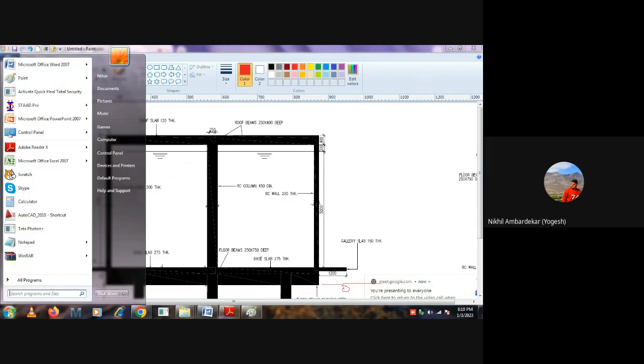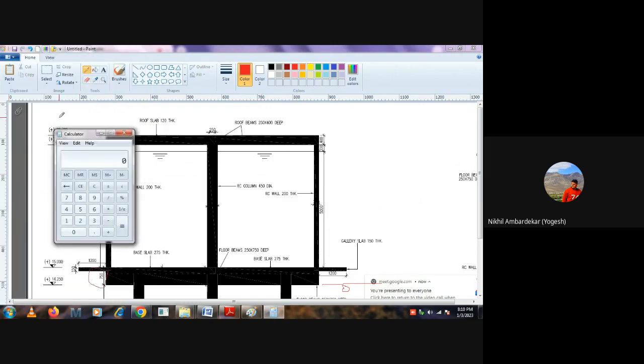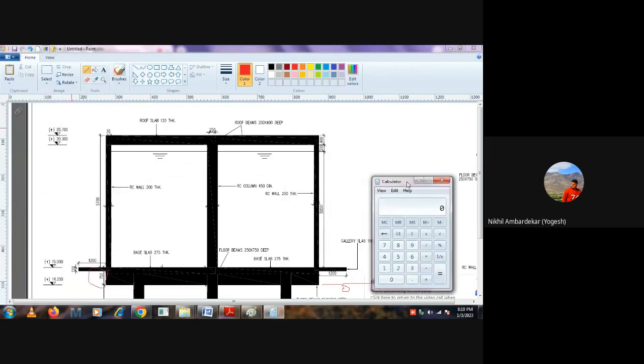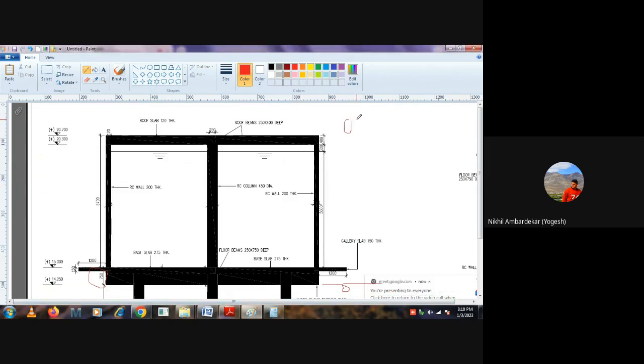I will open the calculator on screen, or maybe I will write it down. From the bottom of the beam, first we have 0.75, plus we are calculating the CG of the roof slab.